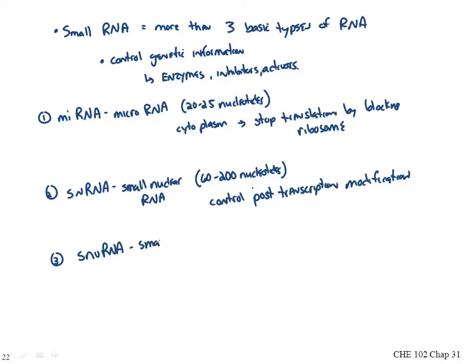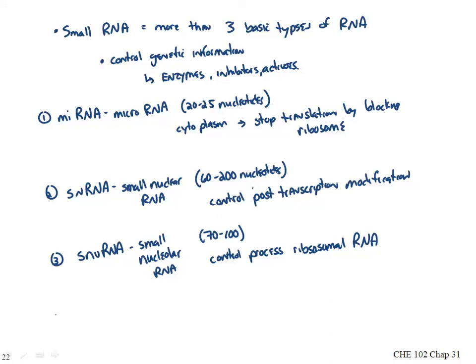Small nucleolar RNA. These are about 70 to 100 nucleotides, and they control or process ribosomal RNA. So they specifically kind of direct the process by which ribosomal RNA is built from the parts, from the rRNA and the other protein parts that go in with it.